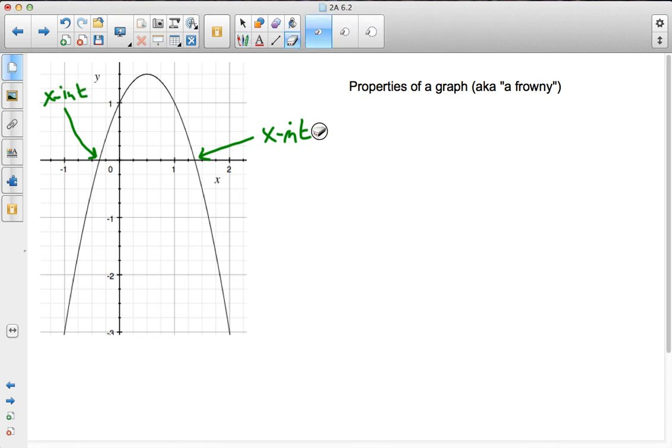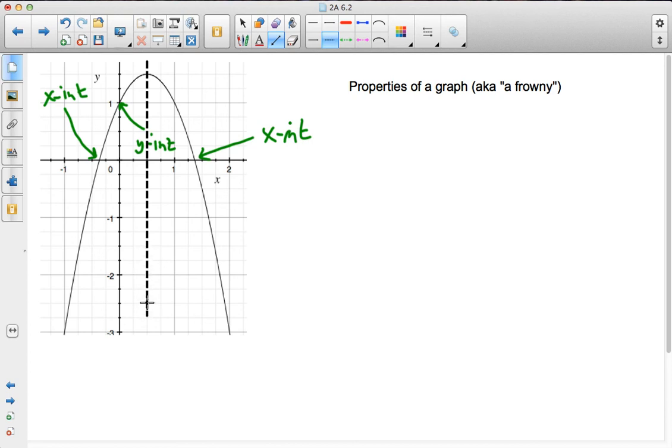Sorry, this is just one x-intercept. There we go. I still also have a y-intercept. That's where my graph cuts through the y-axis. And I still have a line of symmetry that cuts my parabola directly in half. So my line of symmetry is still an x equals coordinate.